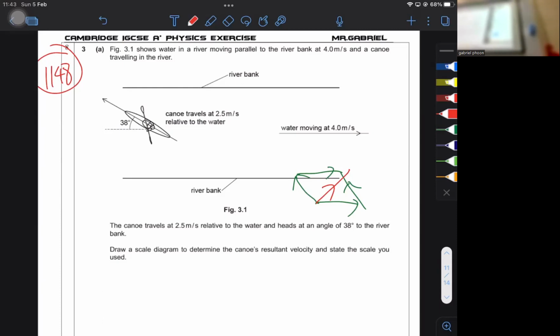Which one? Direction, yeah, you're confusing.